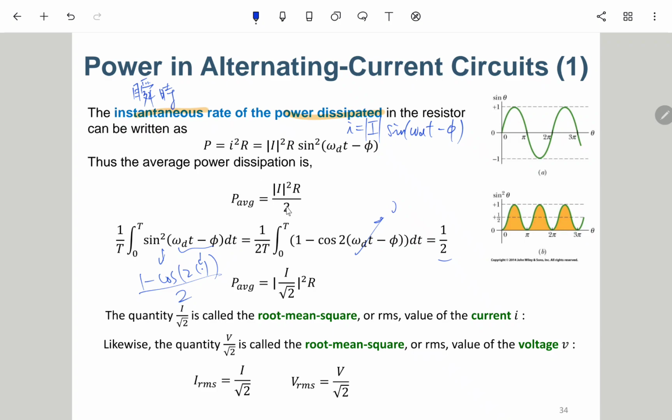So we put this 1/2 into the square, so it becomes I over square root of 2, and then take the absolute value squared. We define this as I RMS, and V RMS. So I RMS is I over square root of 2, and V RMS is V over square root of 2. When you use a multimeter to measure the sinusoidal, it also gives you the RMS value.